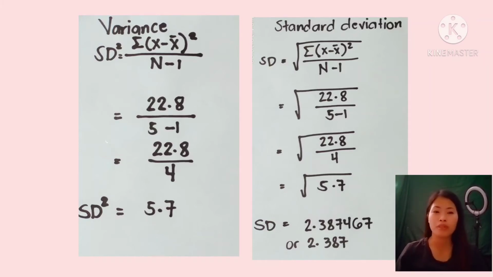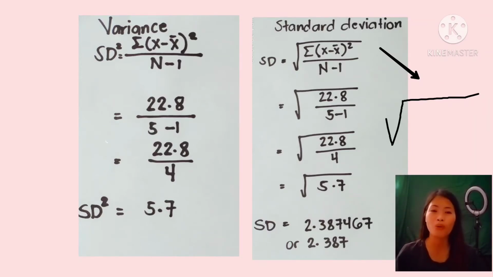If you have noticed, variance is closely related to standard deviation. The only difference between these two formulas is that the standard deviation involves taking the square root of the calculation, while for variance we don't take the square root.